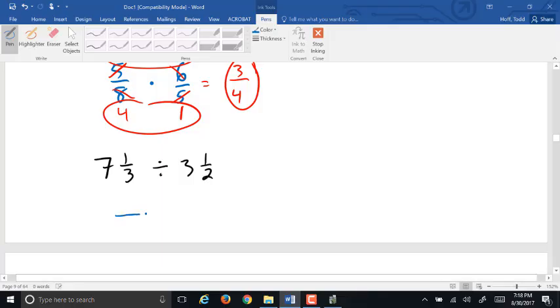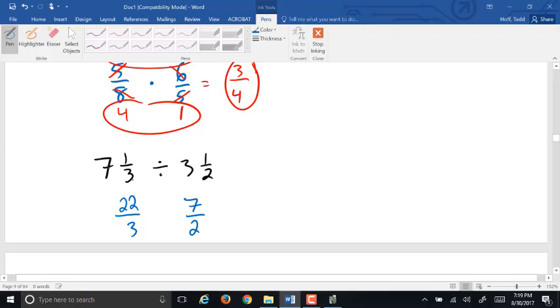So 7 1/3 is going to become what? 22 thirds. 7 times 3 is 21, plus 1 is 22 thirds. 3 1/2 is going to become 7 halves. Good. 3 times 2 is 6, plus 1 is 7.